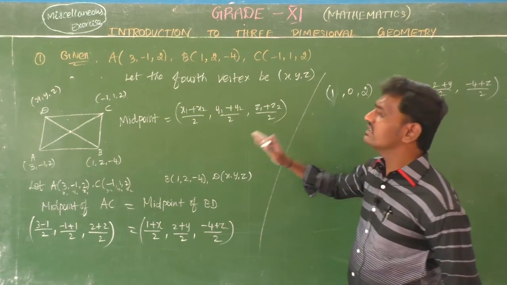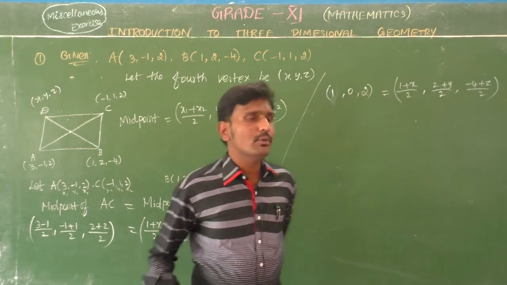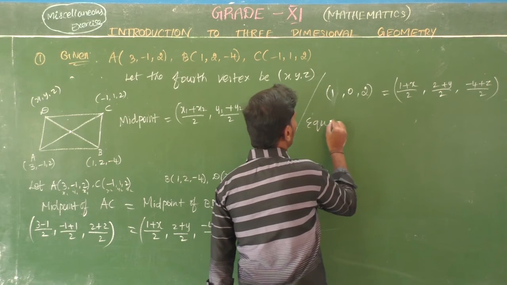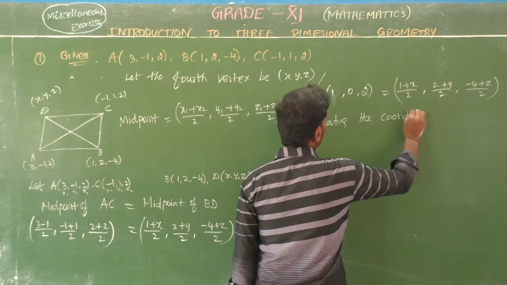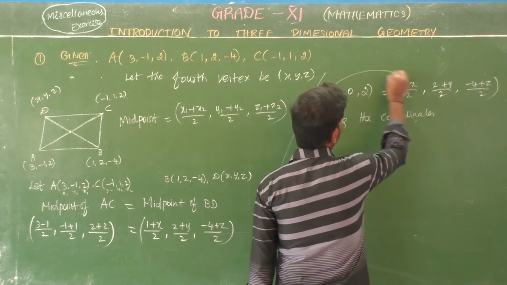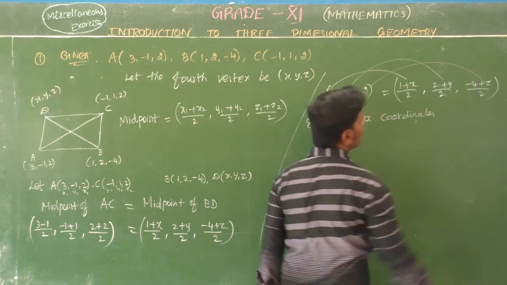Now see, the diagonals bisect each other in the parallelogram. Now I am going to equate the coordinates, which means we equate x to x, y to y and z to z, like that.